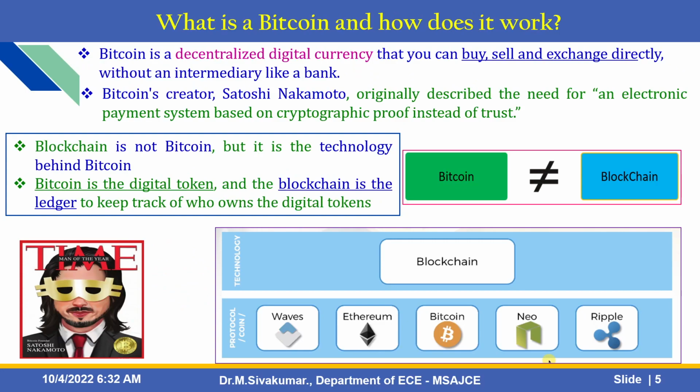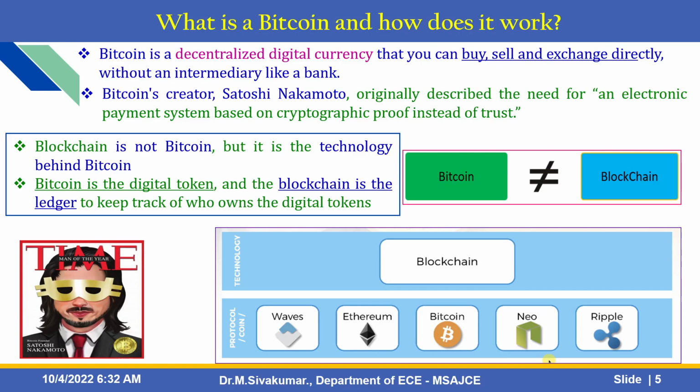What is Bitcoin and how does it work? Here in this diagram, this man is called Satoshi Nakamoto. Bitcoin is a decentralized digital currency that you can buy, sell and exchange directly without an intermediary like a bank. Bitcoin's creator Satoshi Nakamoto originally described the need for an electronic payment system based on cryptographic proof instead of trust.